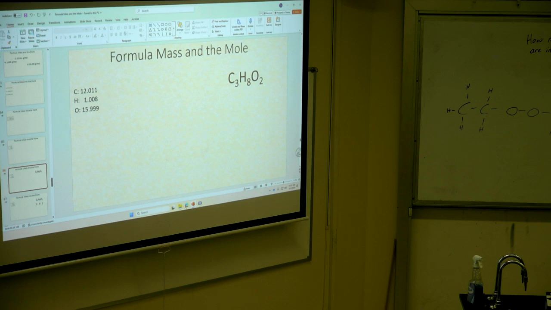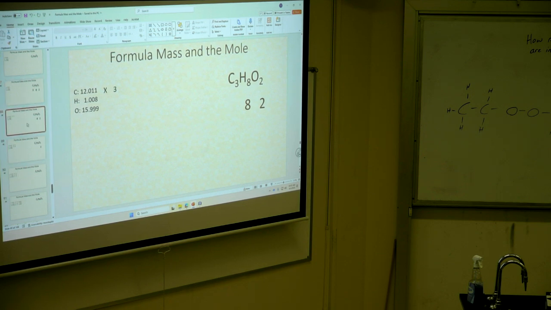So these are the numbers I got off the periodic table. I looked at carbon, 12.011, hydrogen said 1.008, oxygen said 15.999. Okay, we've got 3 carbons, 8 hydrogens, and 2 oxygens.